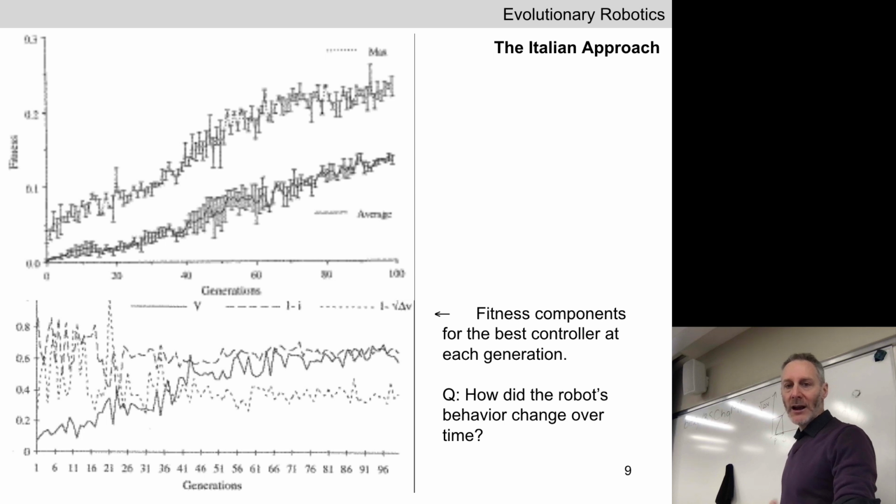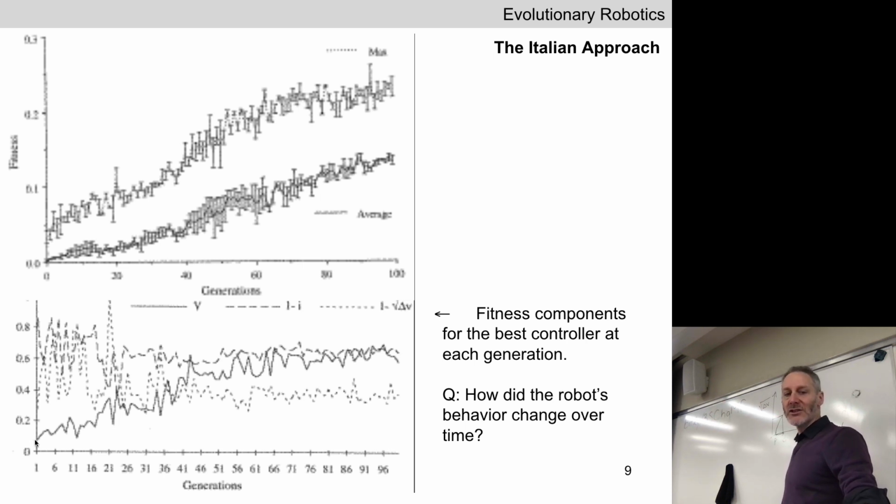Okay. All right. What do you see down here? Again, I apologize. We've got the same horizontal axis down here. This is evolutionary time over here. The solid black line here is reporting the value of uppercase V for the best individual in the population. Uppercase V is the angular velocity of the wheels.